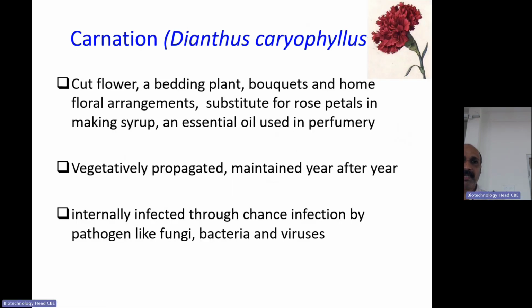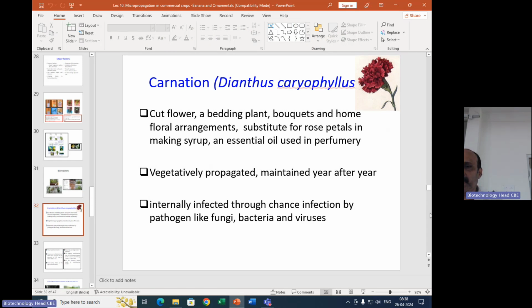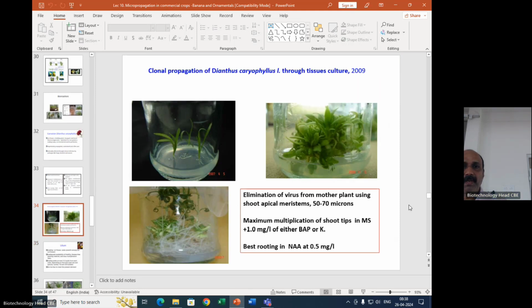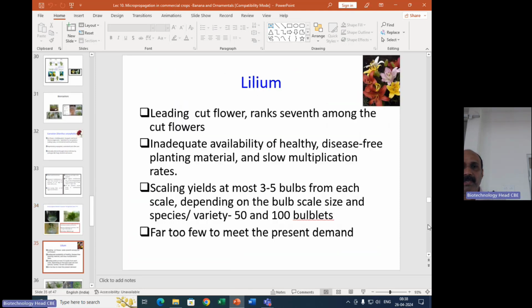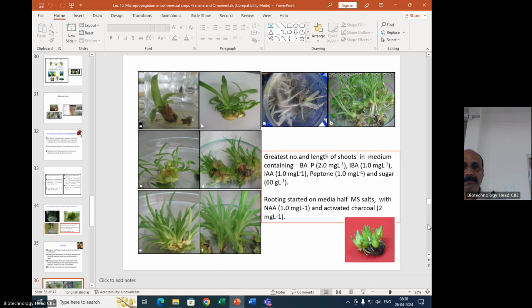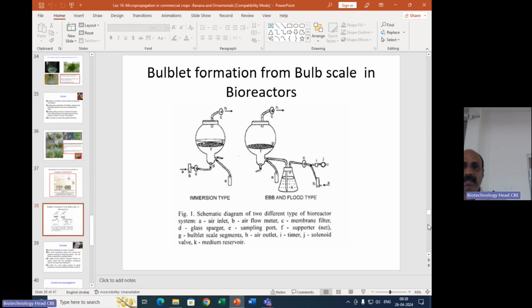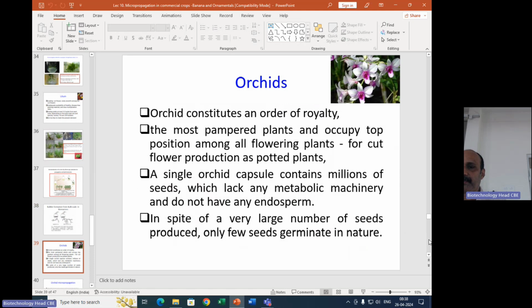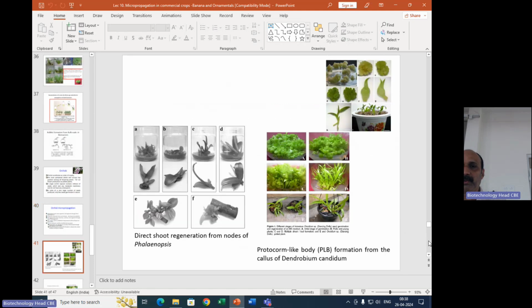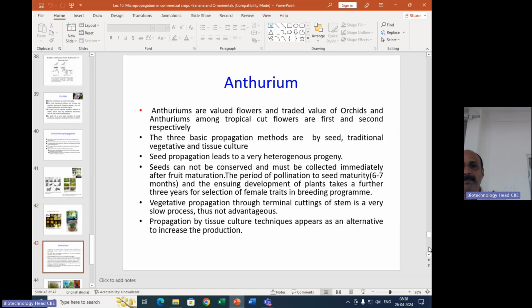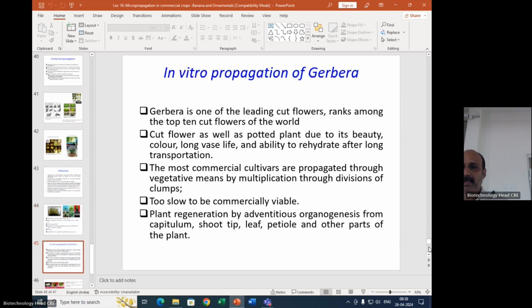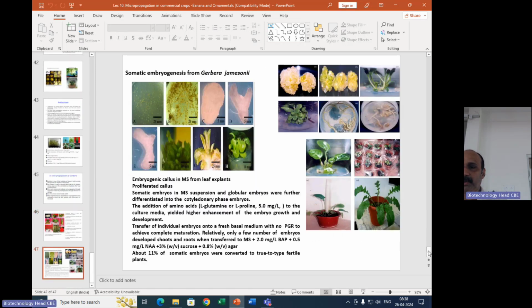You can propagate other flower crops like carnation, tulips, lily, and orchids. All of these can be propagated through tissue culture, as well as anthurium and gerbera. All these are being produced using tissue culture.